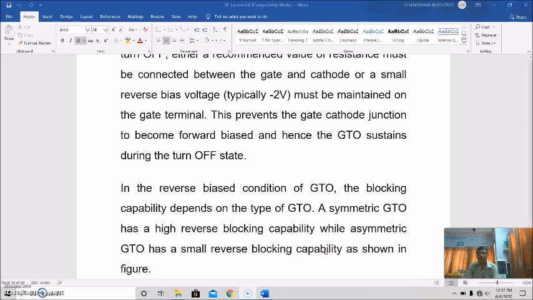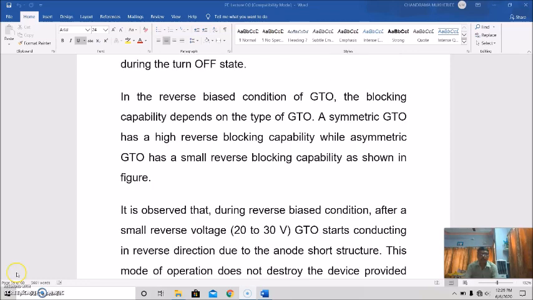So in this reverse biased condition of the GTO, the blocking capability depends on the type of GTO.